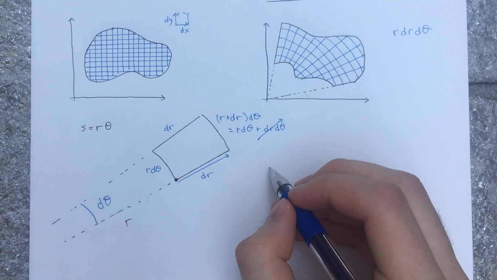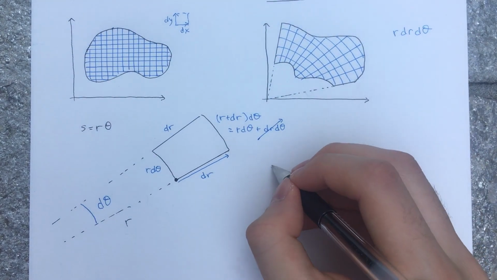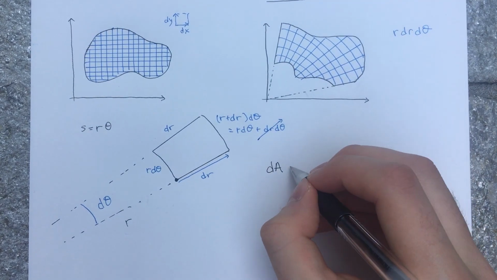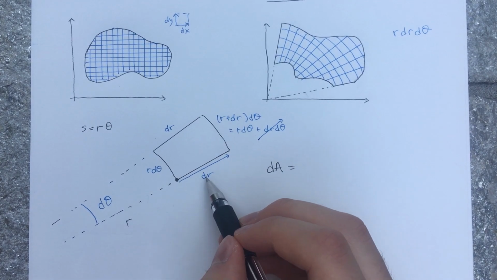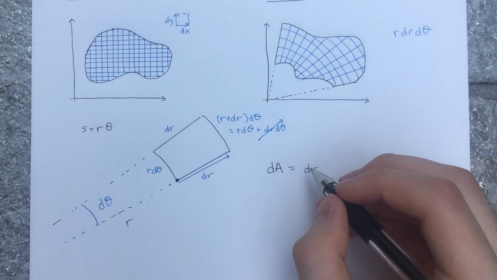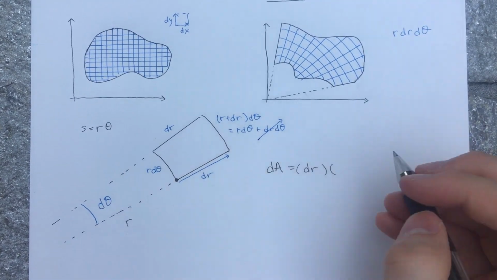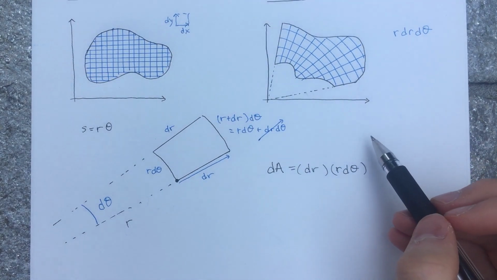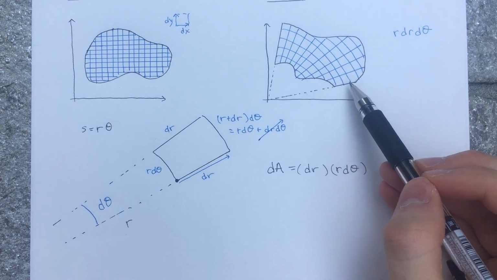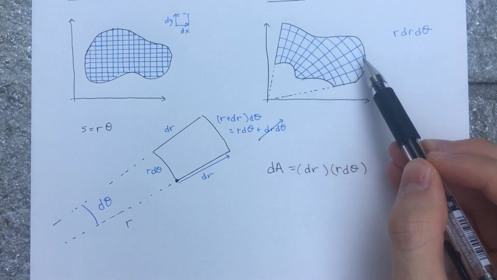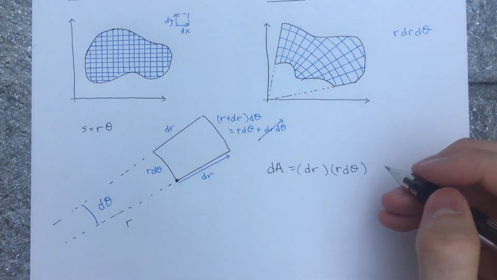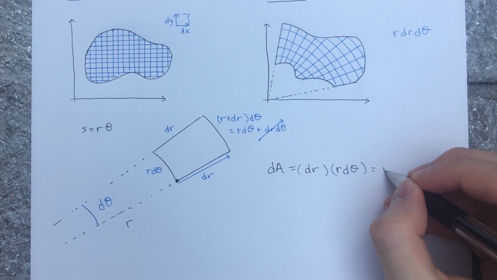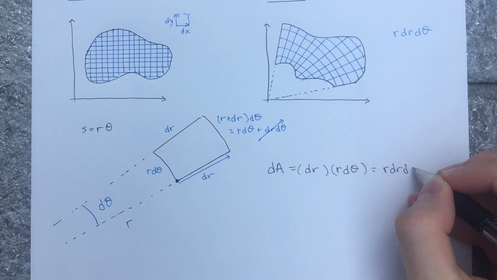Well, from this, we'll just get dA is equal to dr times r d theta. And since in polar coordinates, we almost always integrate r first and then integrate theta, we rewrite it as r dr d theta.